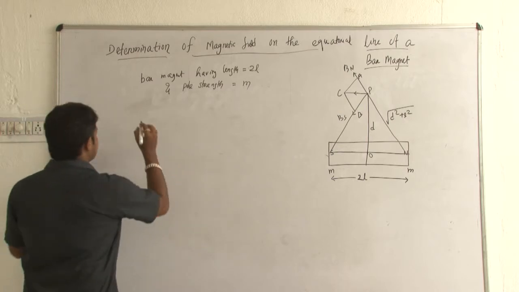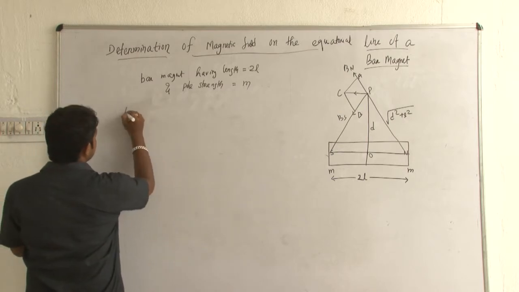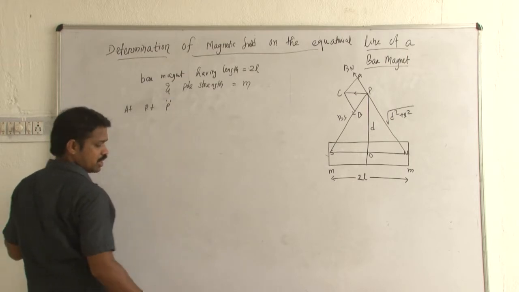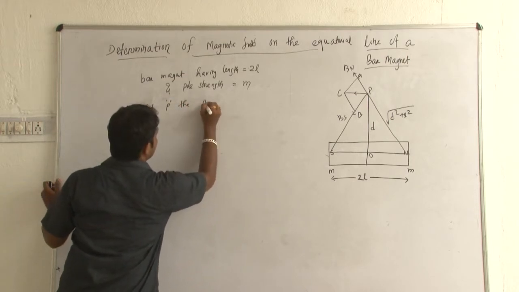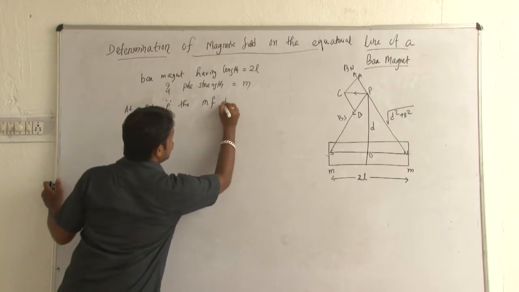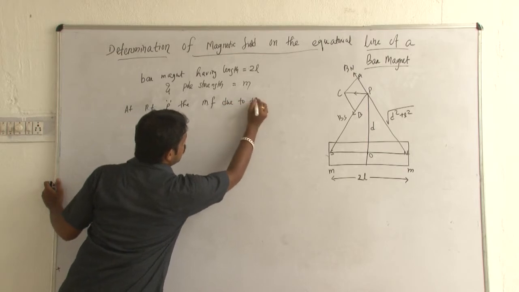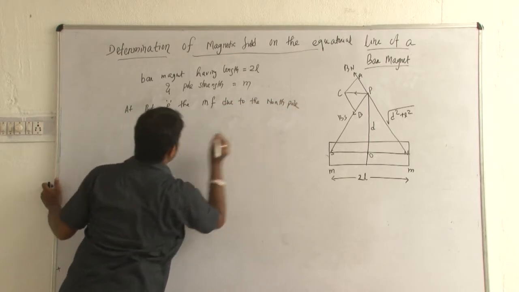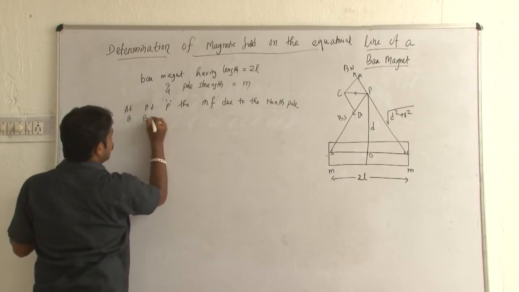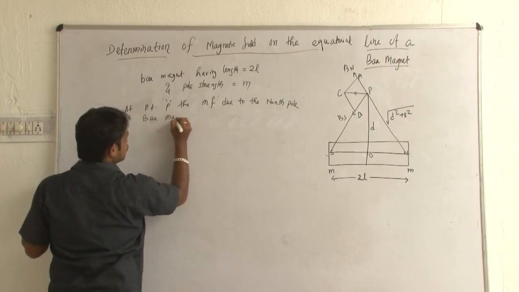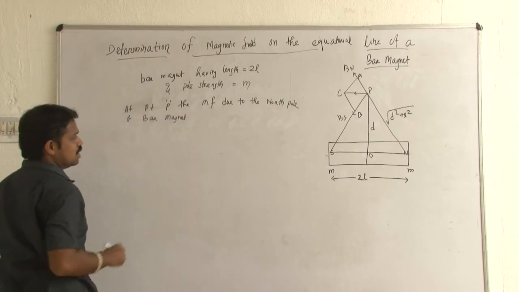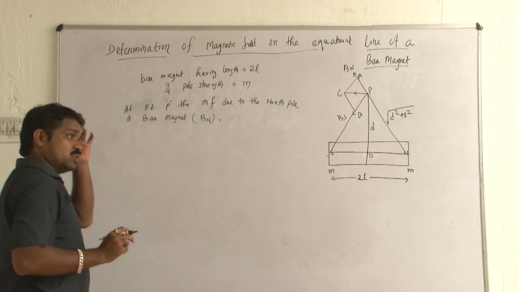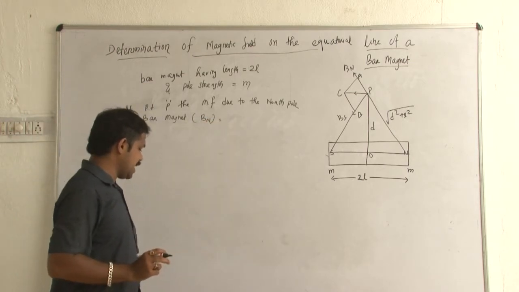Let us first find out at point P the magnetic field due to the north pole of the bar magnet. We denote it as Bn, B subscript n.